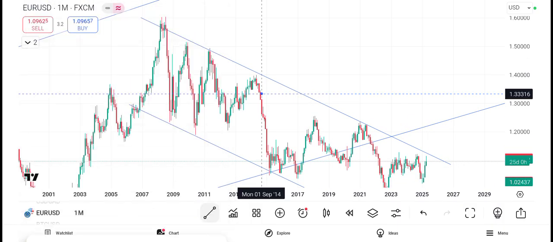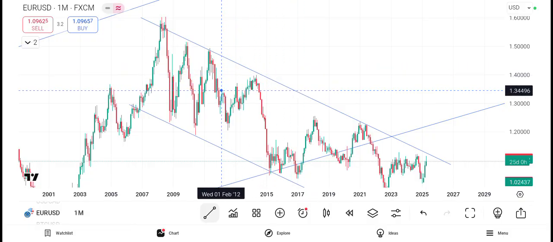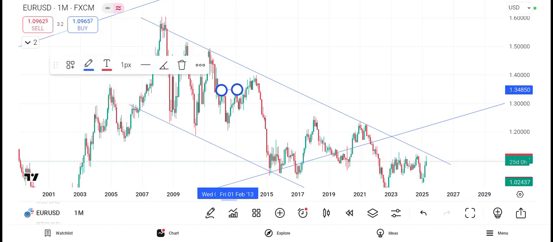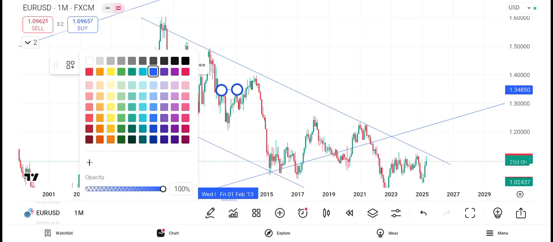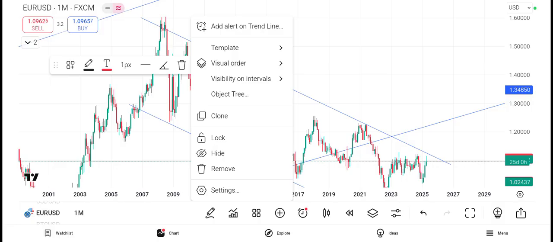Let's start from here. We've got a liquidity sweep here. There's an inducement level. I probably do not know what you call it, but that's an inducement level.